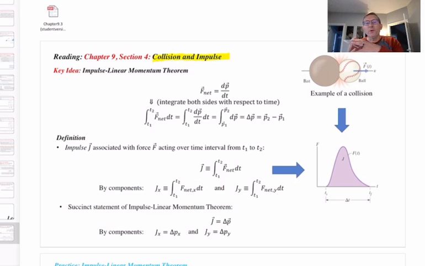Now let me try to give you a little bit of the big picture. In Chapter 7, the key physics concept, really pretty much for the whole chapter, was the work kinetic energy theorem. W net equals delta K. Net work equals change in kinetic energy.